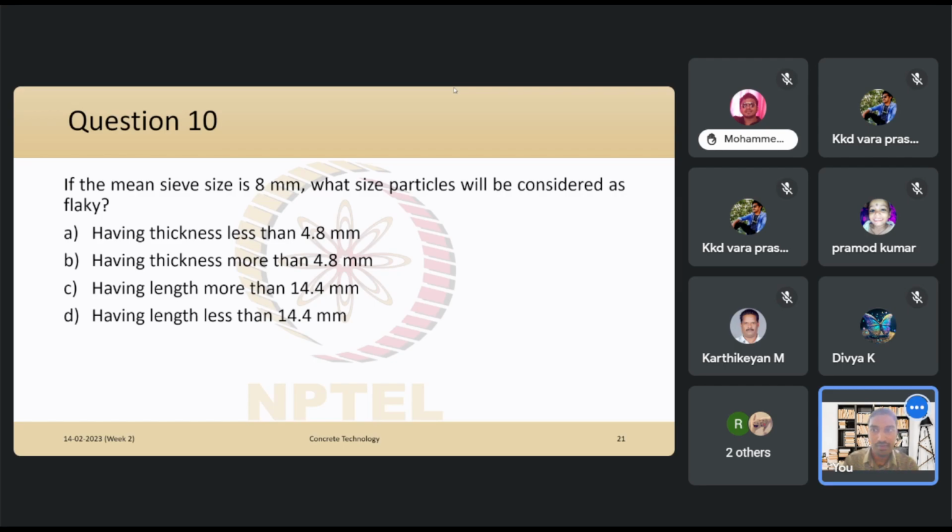So similarly, for flakiness, the thickness determines whether a particle is flaky or not, right? So that's the hint. We have two answers so far, one for option A, one for option B. Do we have any other answers?